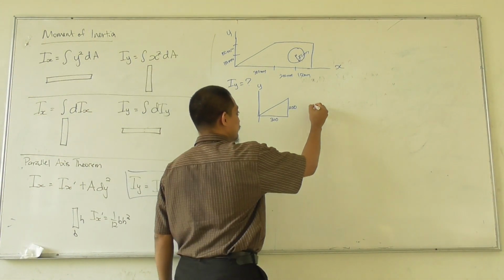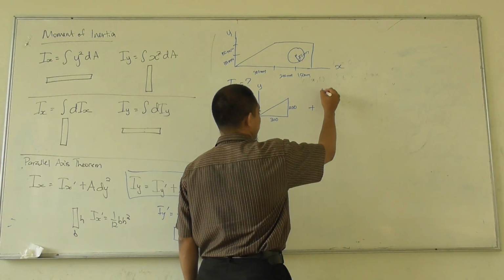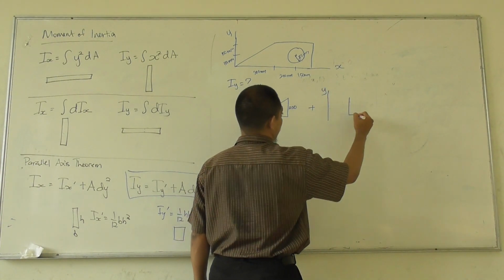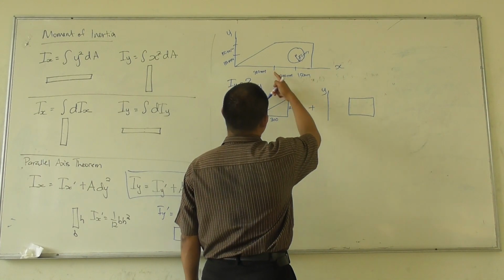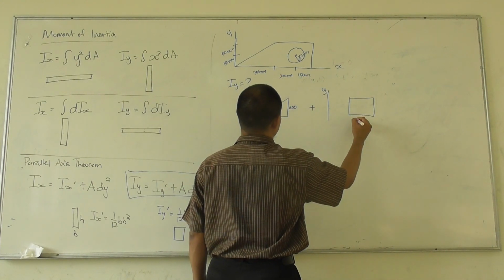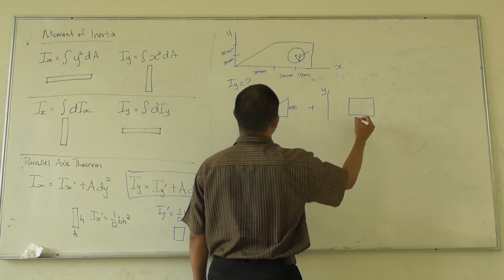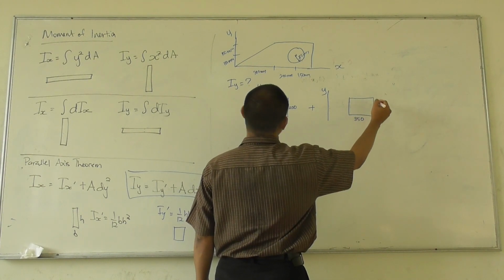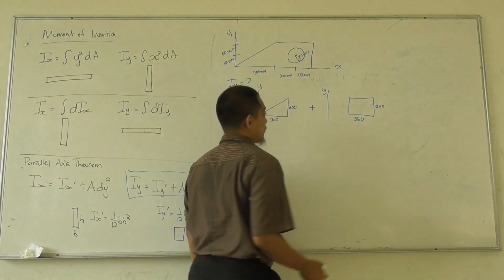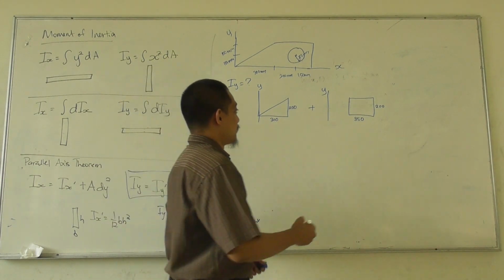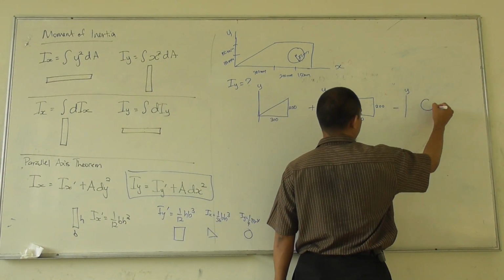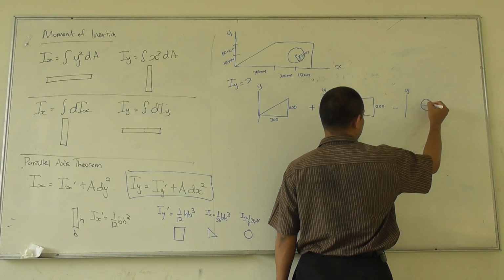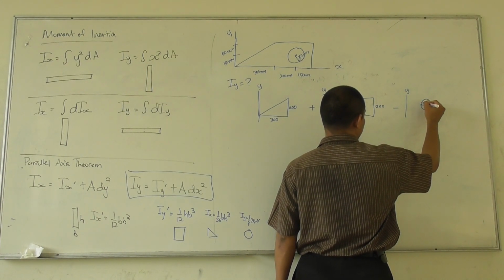Plus, and then you have the y-axis here, and at a distance you have the rectangle. This one is quite interesting. This one is 350, and this one is 200. And then minus, we have the y-axis here, and then you have the circle there, where the radius is 75 mm.